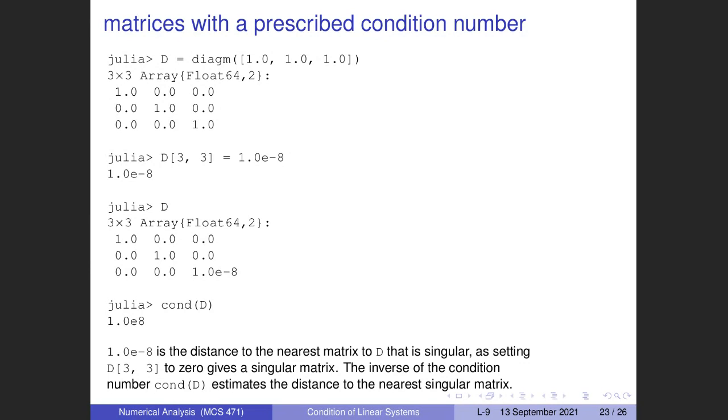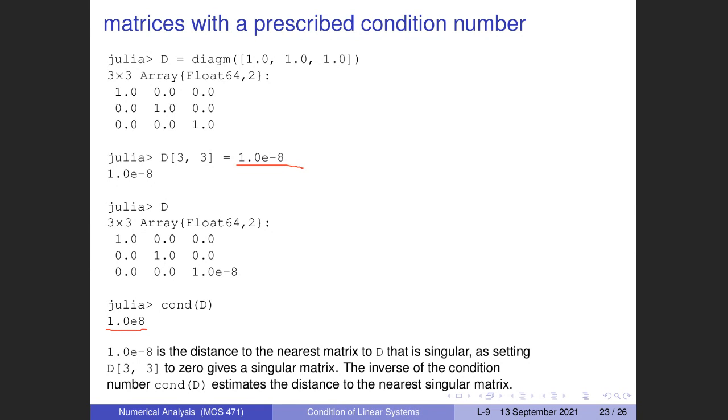But you can make it bad by making one of the elements on the diagonal very tiny. So this is here 10 to the power minus 8. So we go from a condition number that is 1 to a condition number that is 10 to the 8.